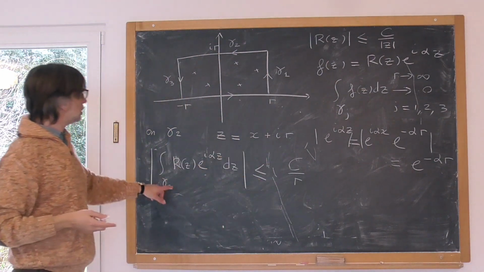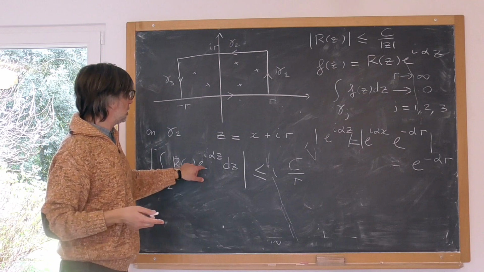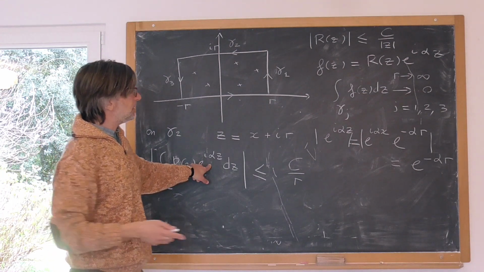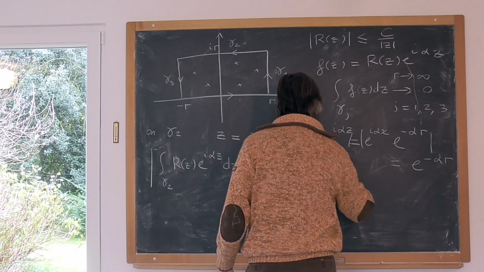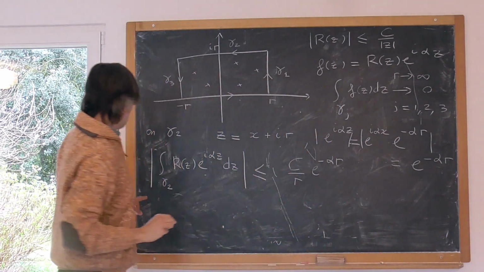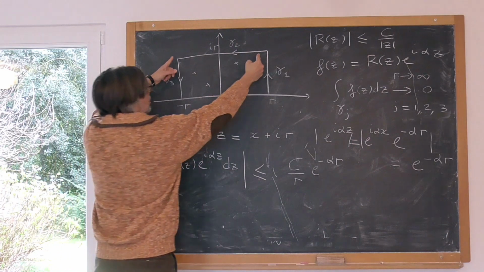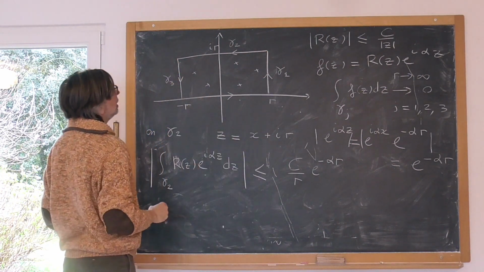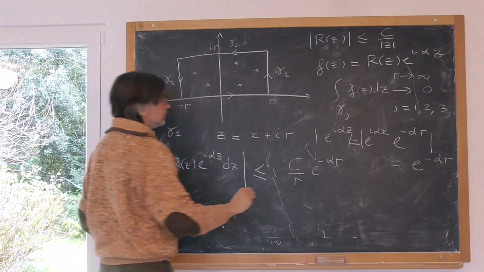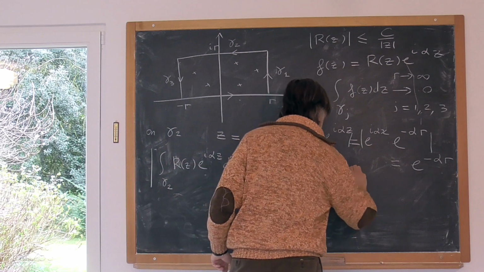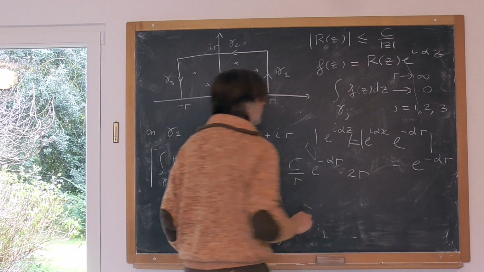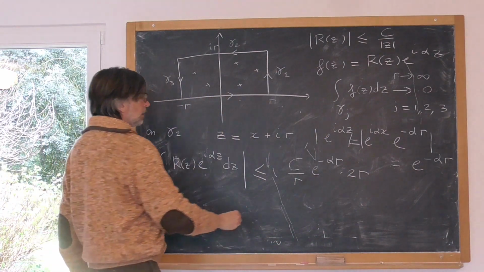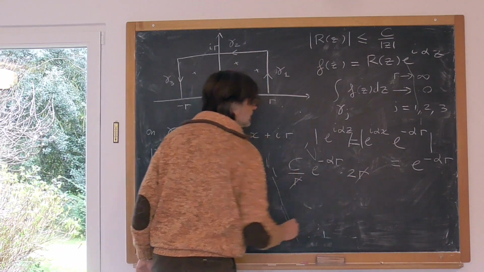And then we get the contribution e to the minus alpha r, and then the length of this curve, which is 2 times r. So r and r cancel.